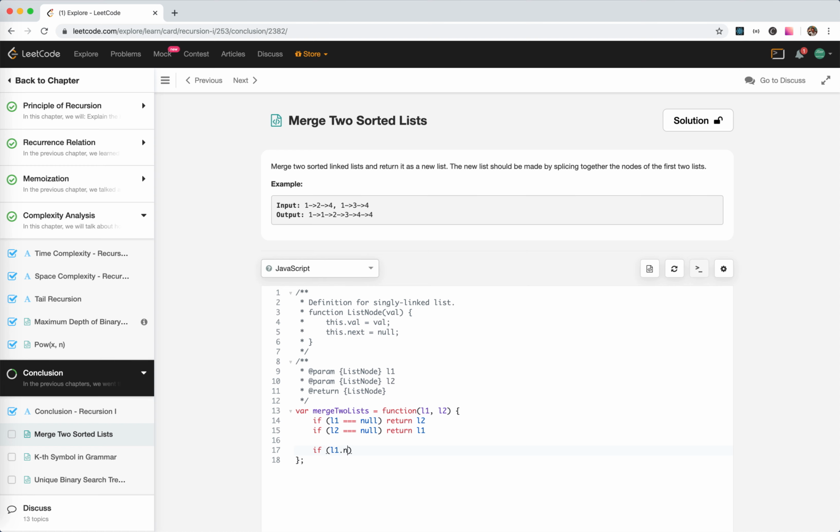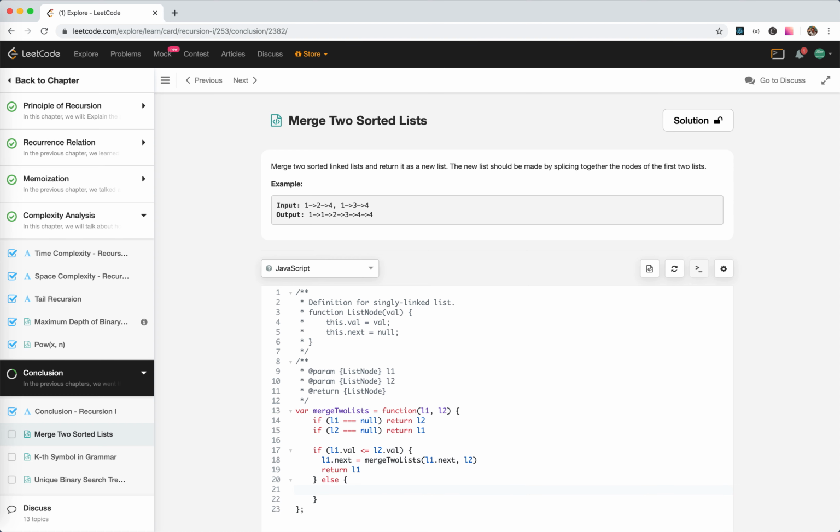If L1 val is smaller than L2 val, then L1 next should be mergeTwoLists(L1 next, L2), and return L1.